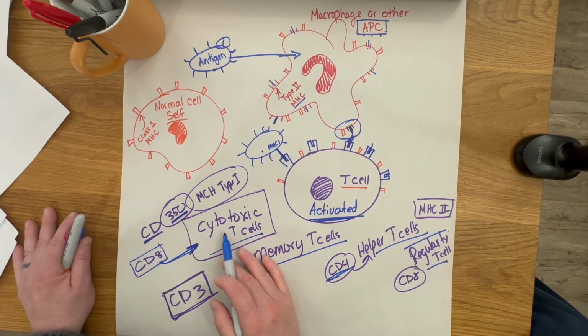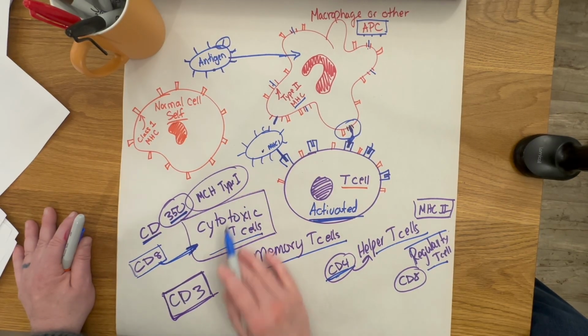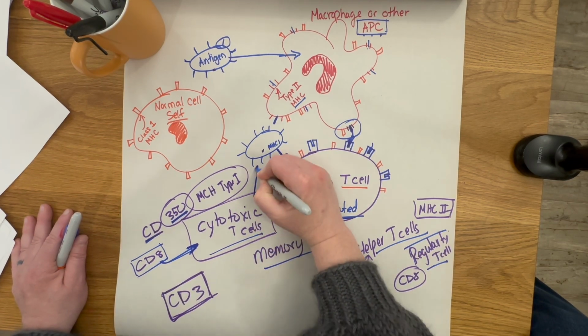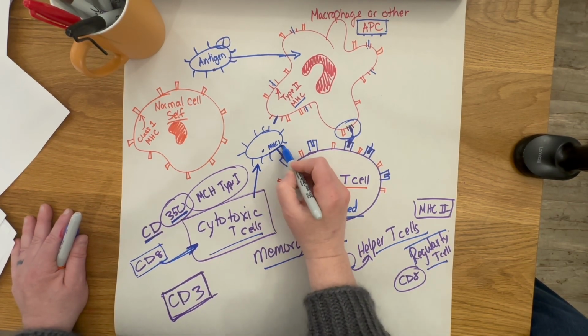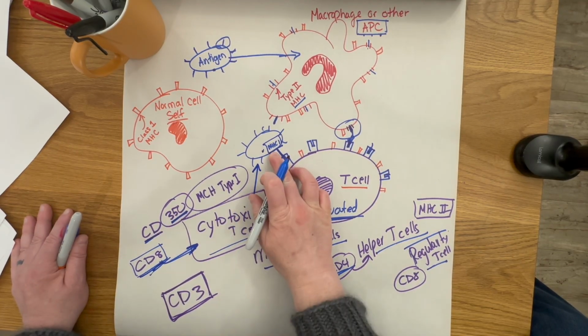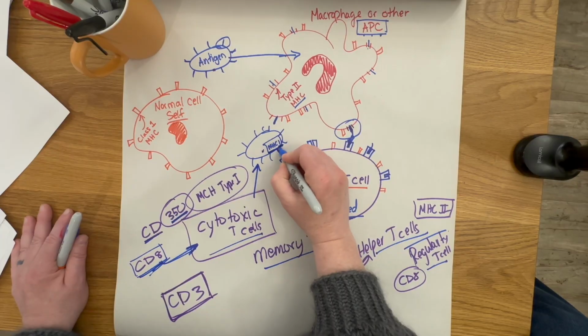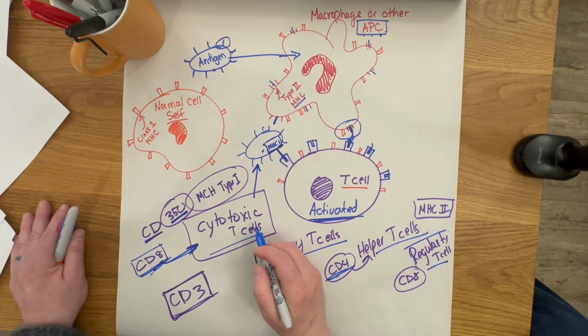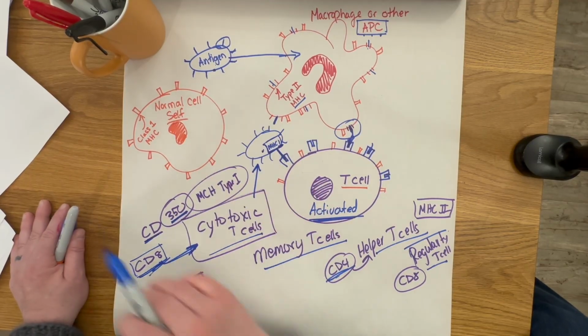Cytotoxic T cells will be able to bind directly with the antigen. So these activated T cells, cytotoxic T cells, are going to be able to directly fight these MHC1 complexes with their CD8s. So their CD8 is going to match the antigen now on an MHC1 type 1 or class 1 complex, which would be right directly on the antigen.